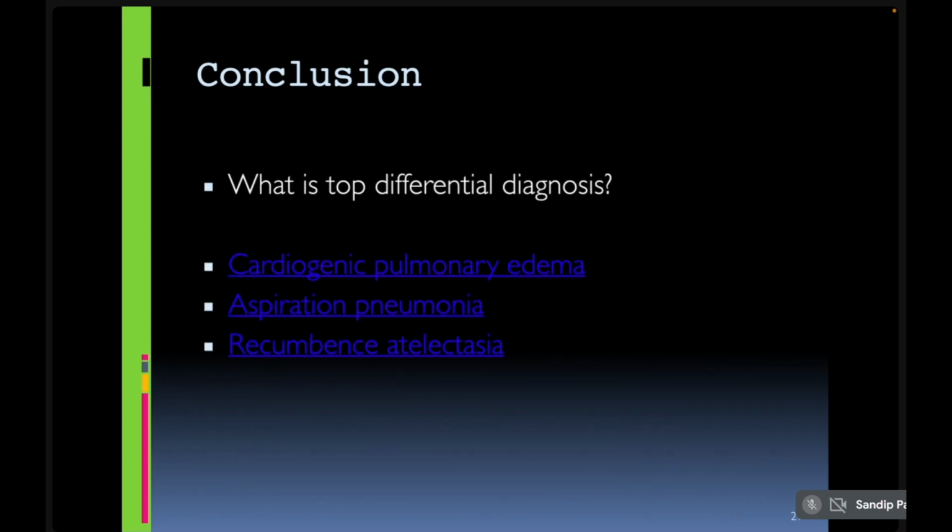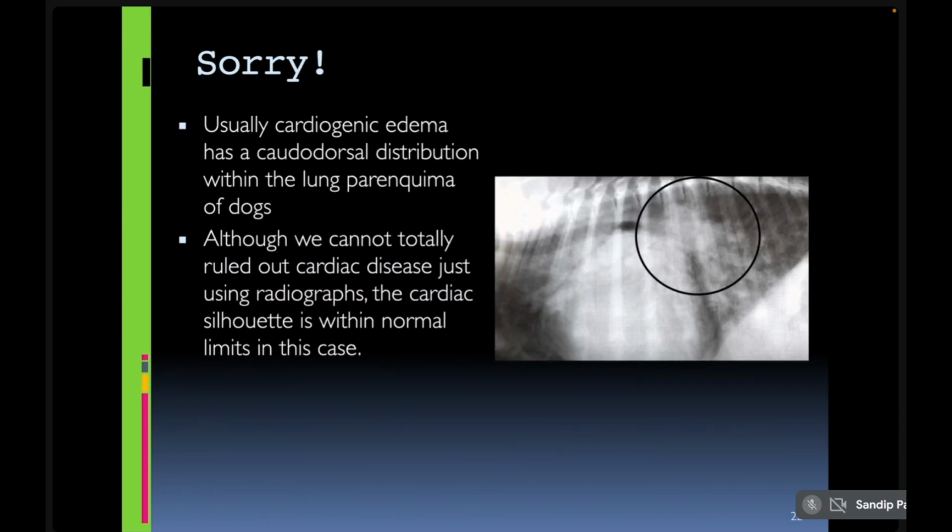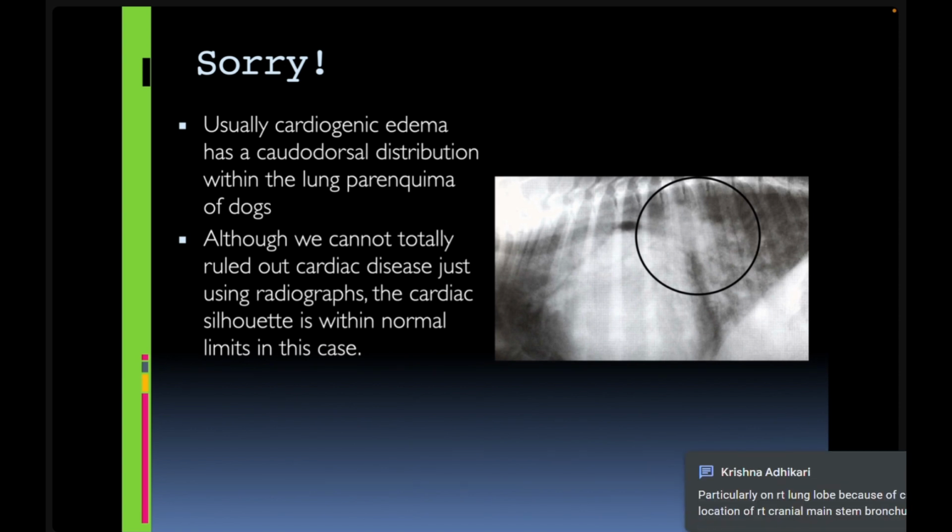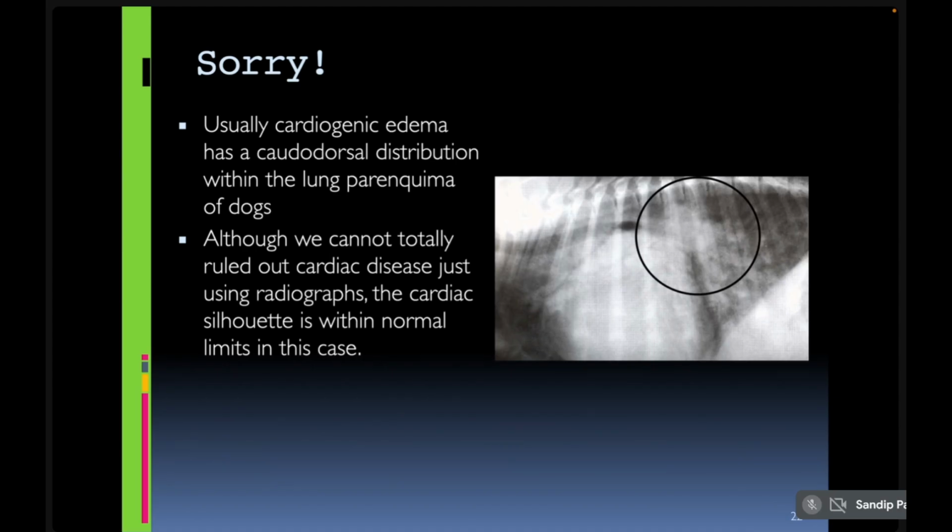So yeah, we already discussed. Cardiogenic pulmonary edema, mostly we see where? Caudodorsal lung lobe. Aspiration pneumonia we mostly see in the cranioventral lung lobe. Yes, right.